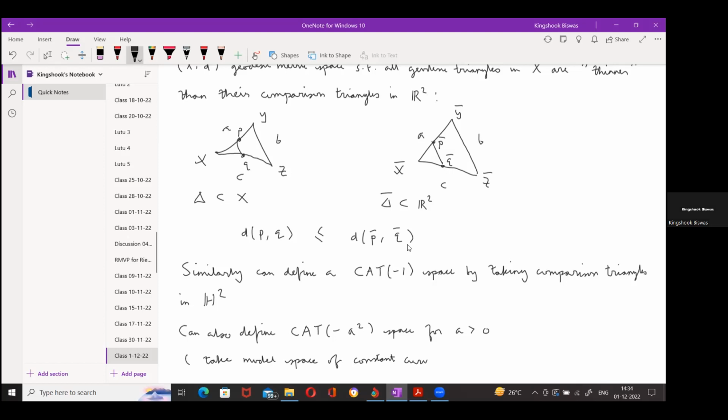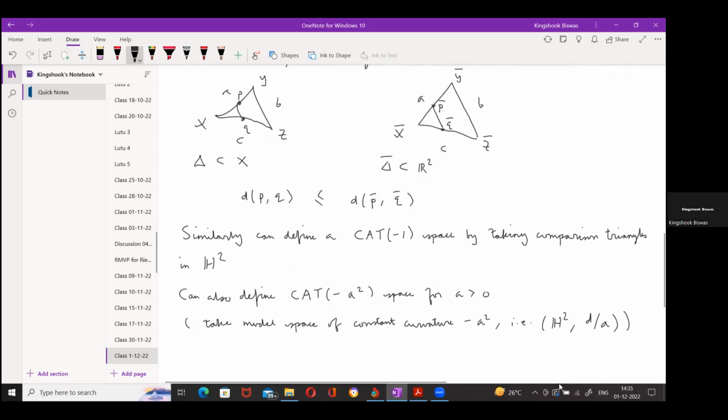How do you get a space of constant curvature minus a squared? You take the space of curvature minus 1 and divide the distance function by a. Then the curvature gets multiplied by a squared. So if I look at H2 with the distance divided by a, then this will have constant curvature minus a squared.